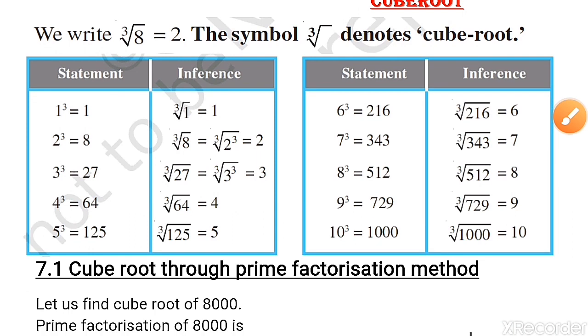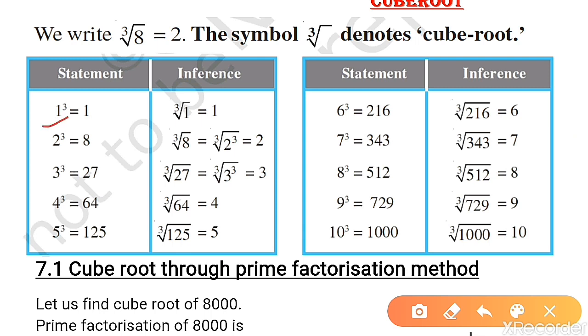Now in this table, let us see: 1 cube is 1, 2 cube is 8, 3 cube is 27, 4 cube is 64, and so on up to 10. Now the converse: the cube root of 1 is 1, the cube root of 8 is 2, the cube root of 27 is 3.